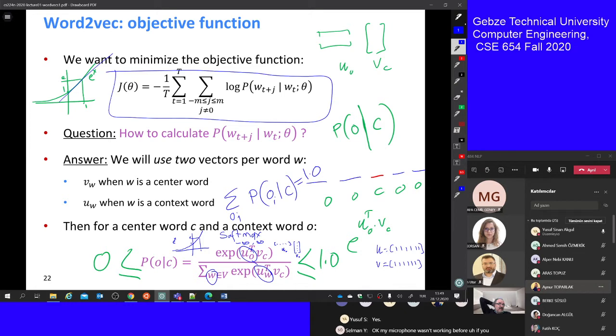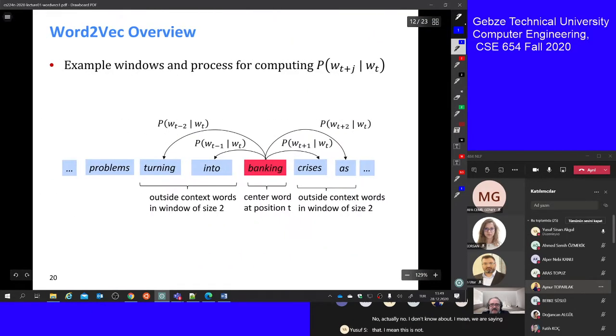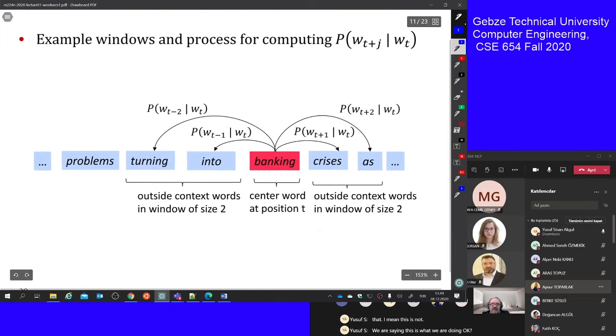If we then take the logarithm of it, would we have to multiply them in the cost function? If we didn't take the logarithm of it, wouldn't we have to multiply? Actually, no. Let's say we took this as a center word.